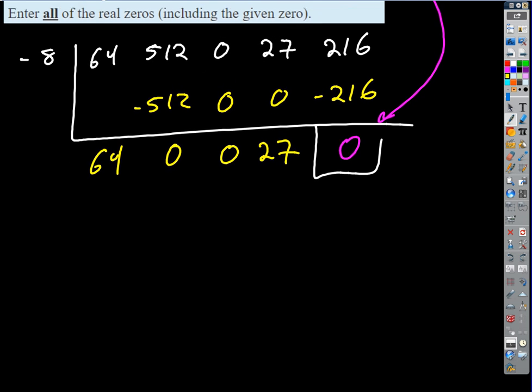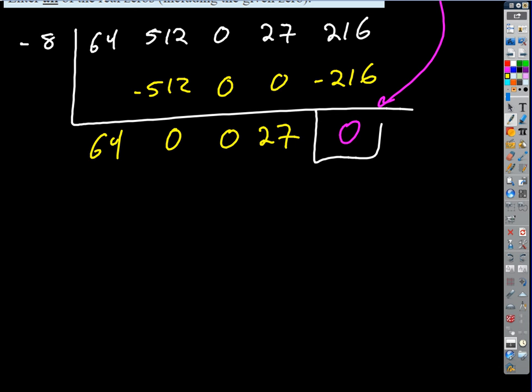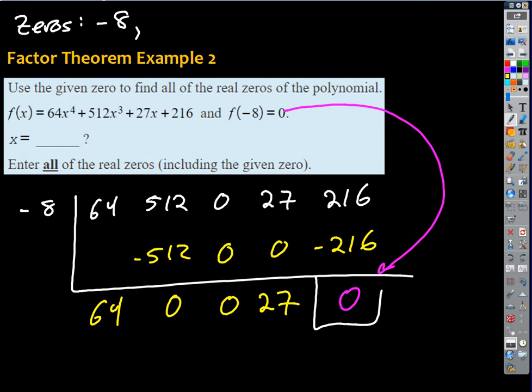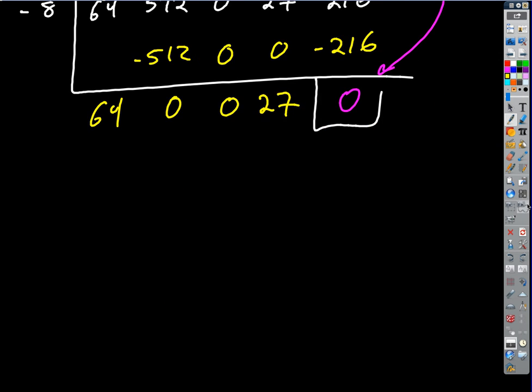And so then we know that we've got to find the zeros of this reduced polynomial. We already found one of the zeros. Now the remainder of the zeros that we have yet to find will be the zeros of this polynomial, which is the other factor. Think of it in terms of factors. Our original polynomial would break up into x plus 8 times that.